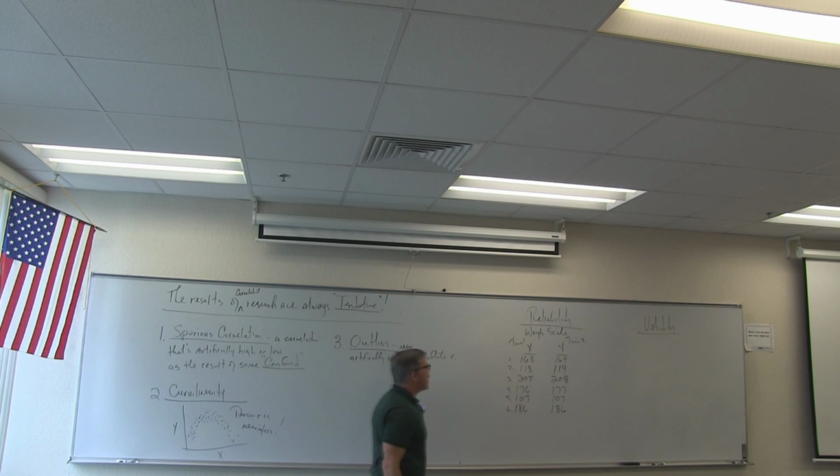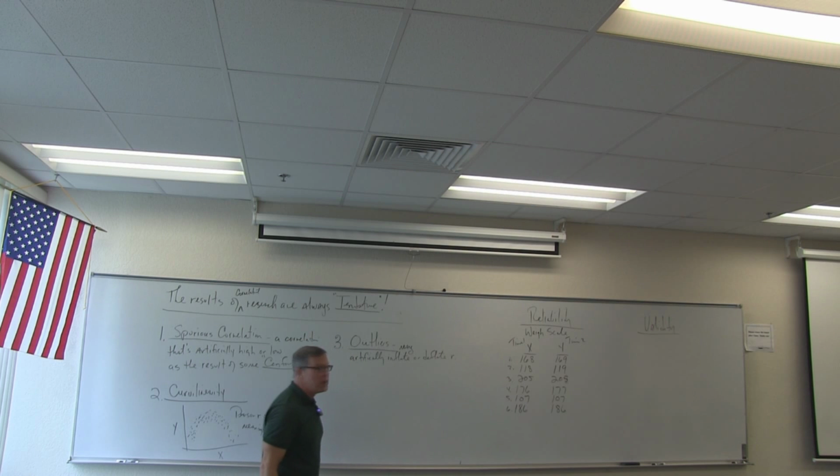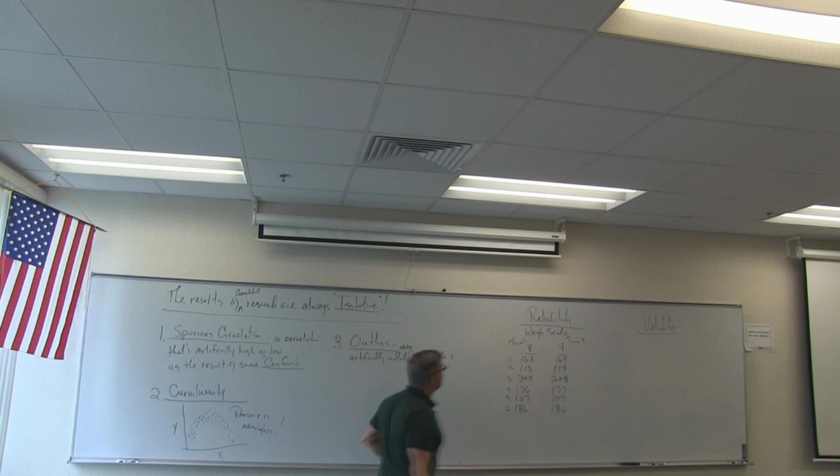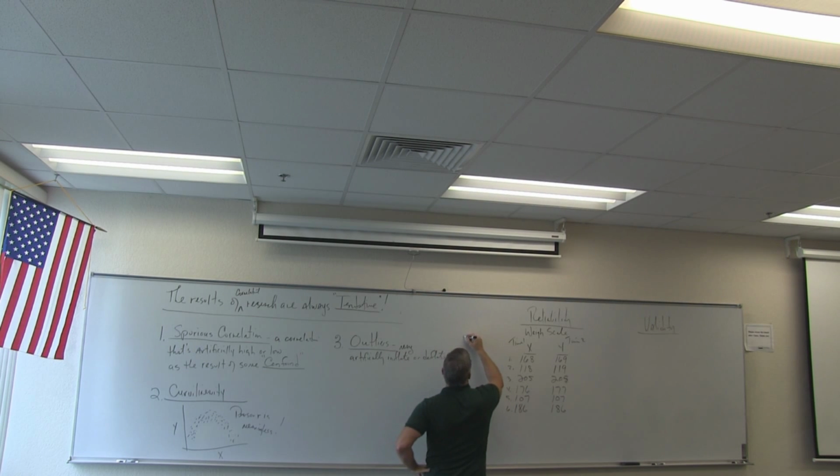So we have a set of X and Y data, and if we look at these numbers, we see a lot of similarity. If we were to compute Pearson R on this set of numbers, it would be, just take my word for it, very high and positive, like 0.96 or something.